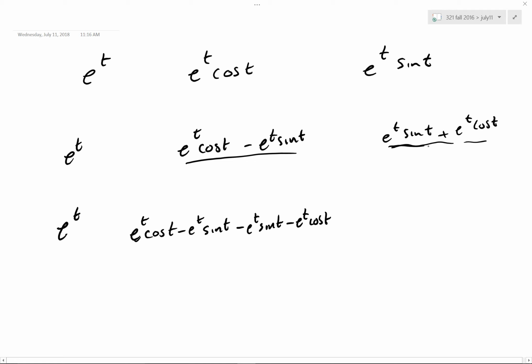I mean, this thing right here is the derivative of that. So it's the derivative of that. So e to the t sine t, e to the t cosine t, plus the derivative of this thing, which is that guy right there. Cool.